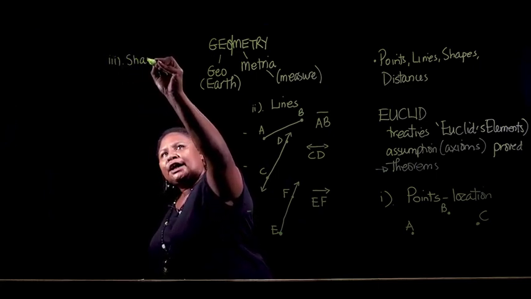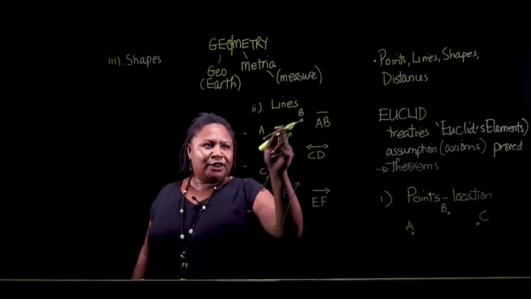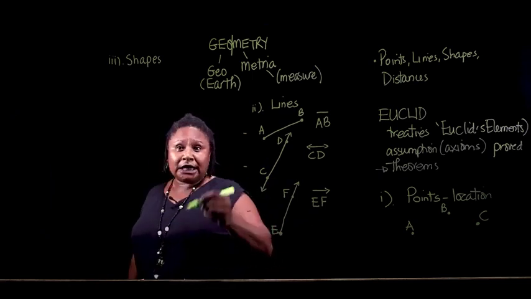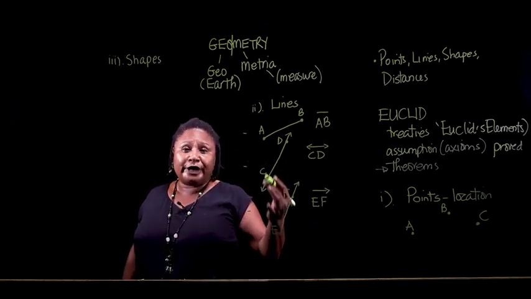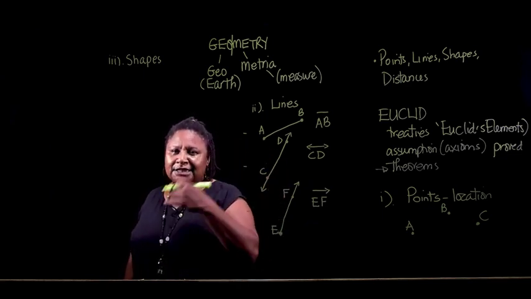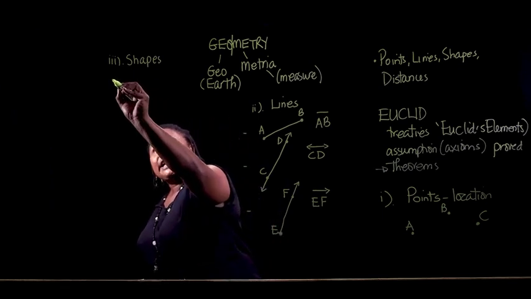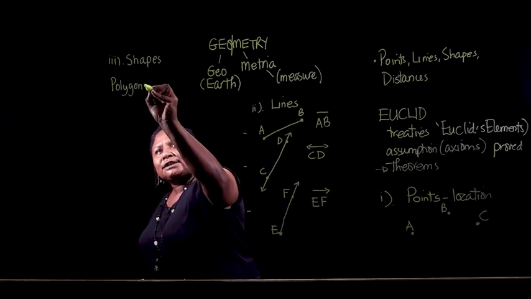Now, shapes, very interesting, are formed when these lines are connected together. So it starts off as a point. From points, we join those points to create lines, and then lines are joined to form shapes. So we'll look at shapes that are known as polygons.